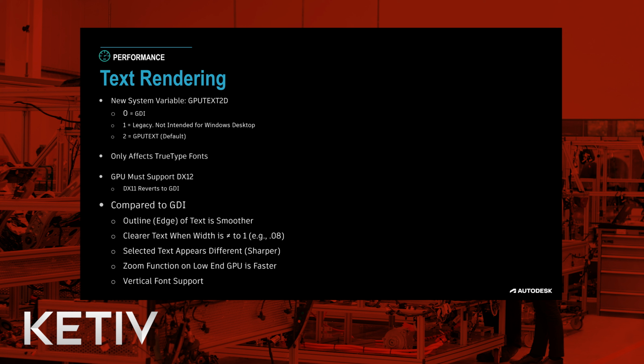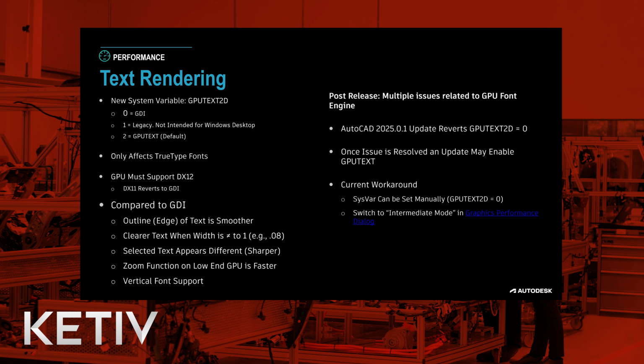Now, with all the good, there is the bad at times. As I mentioned, we released the AutoCAD 2025.0.1 update. This will actually revert GPUTEXT2D back to 0, or GDI mode. The reason we've done this is that there was some customer feedback about font issues with GPUTEXT2D enabled.